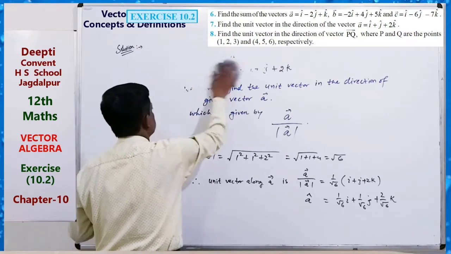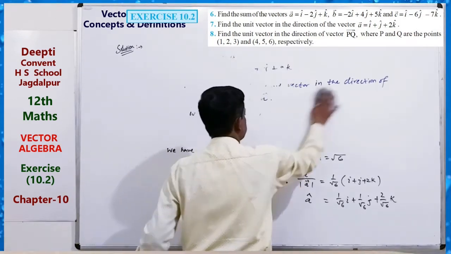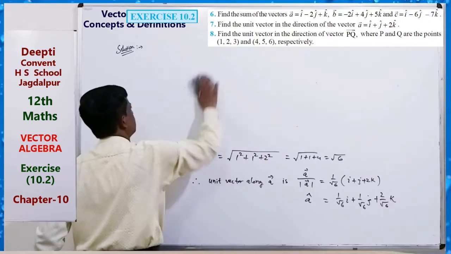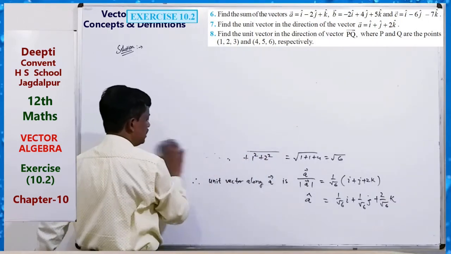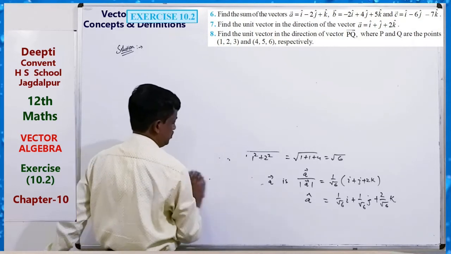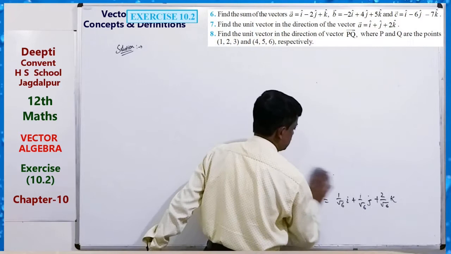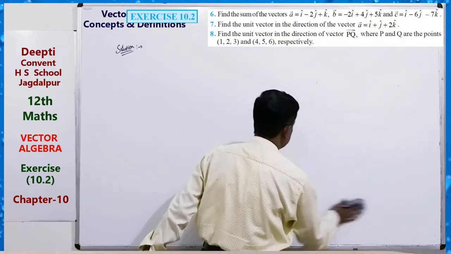In question 8, two points P and Q are given. First we make vector PQ, and in that direction we find the unit vector.